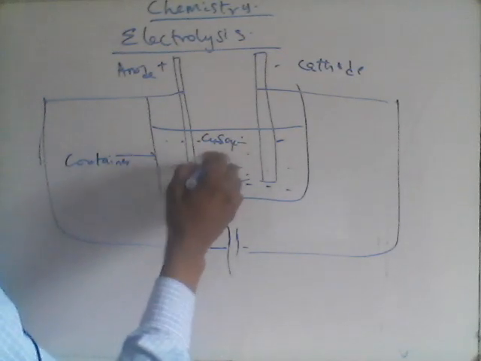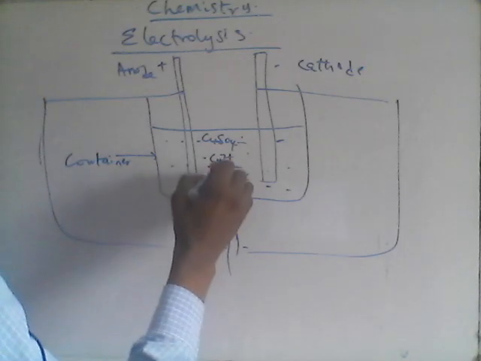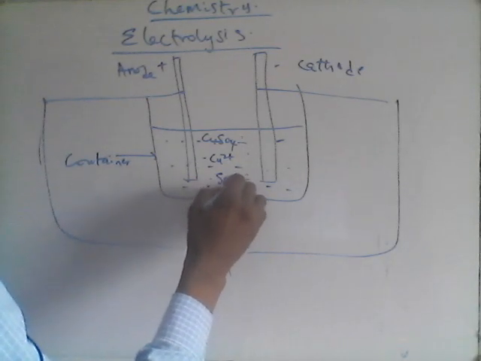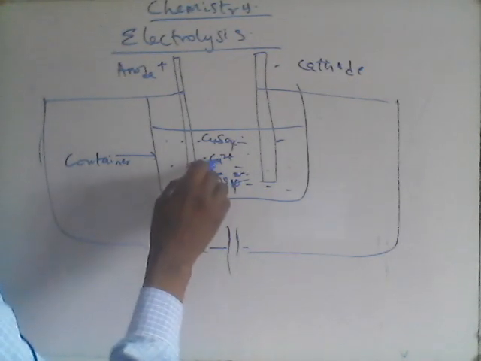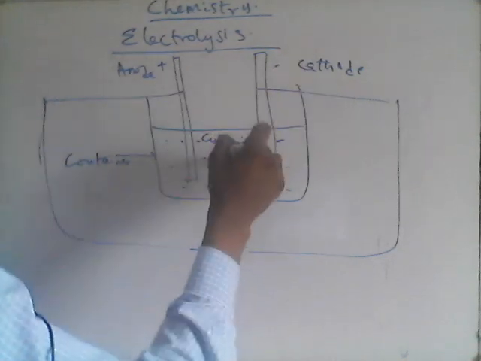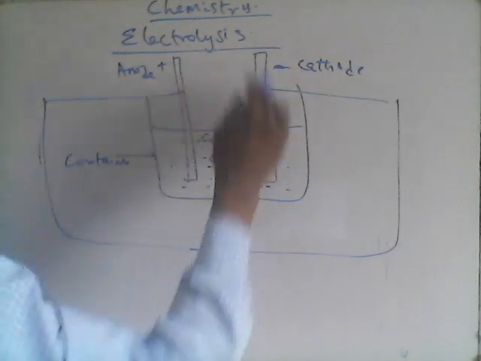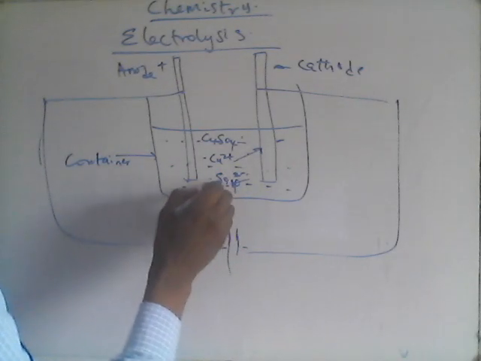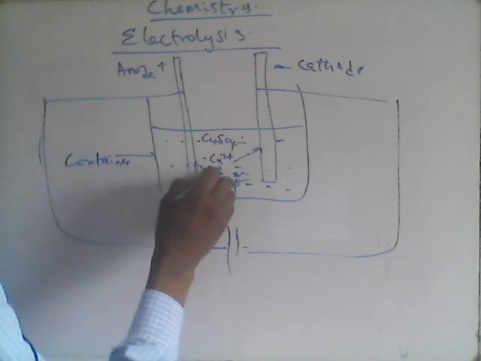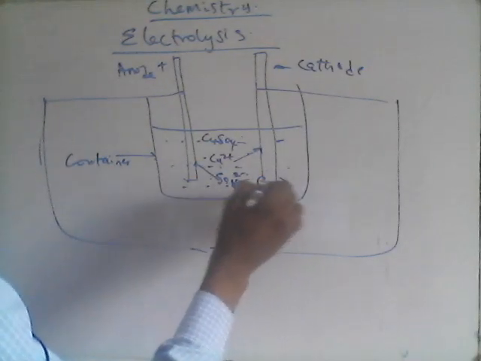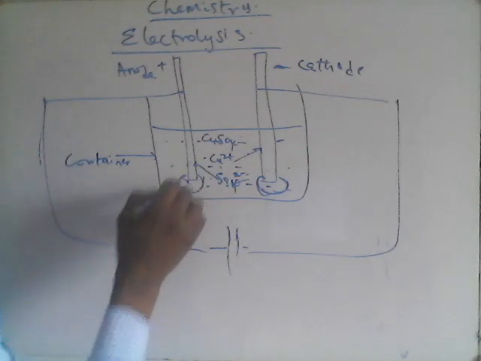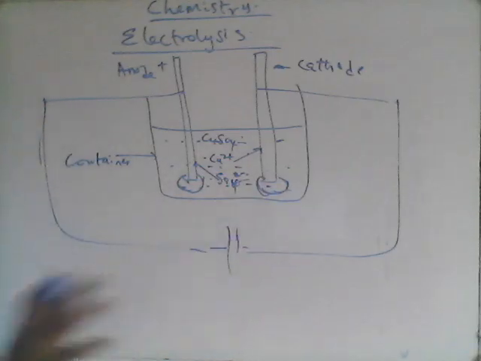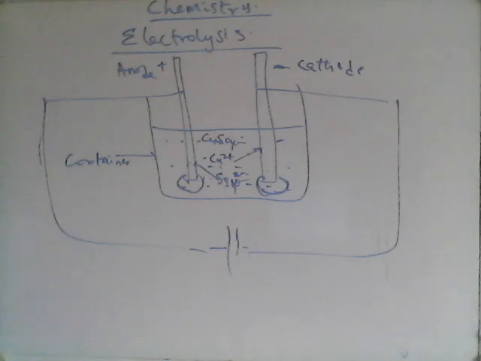In copper sulfate solution, the ionic form is copper positive and sulfate radical. The positive one will migrate to the cathode, to the negatively charged terminal, and the negative one will migrate to the anode. So the copper is deposited at the cathode, and the sulfate is discharged at the anode. This is just a simple description of what it is all about, but we'll go in more and discover.